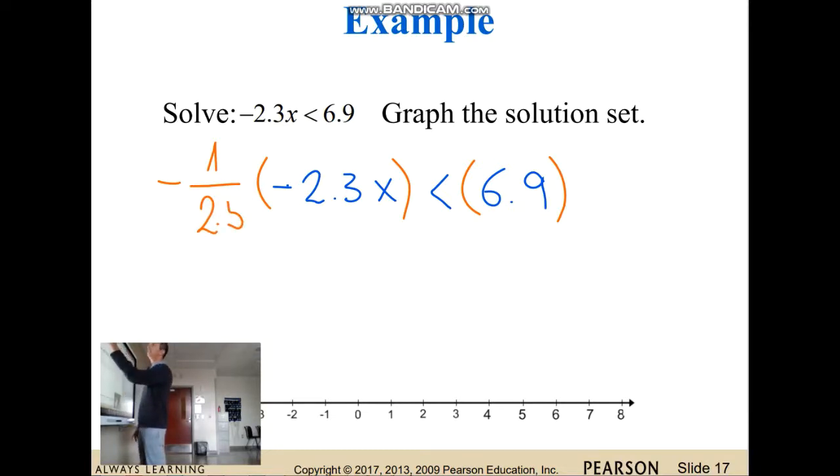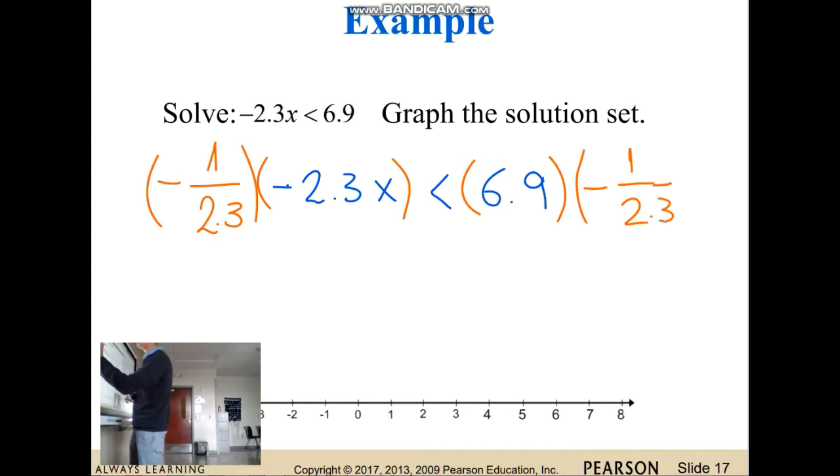If we do this, we get rid of this negative 2.3 in front of x. But we have to do it on both sides, and then we are multiplying both sides by a negative number.